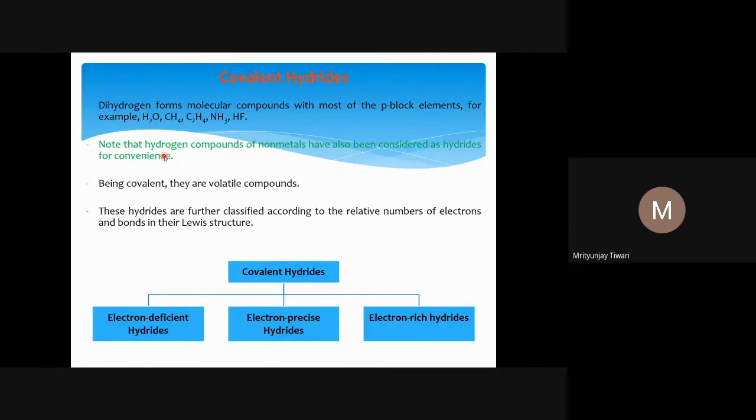But nowadays, even if the oxidation state of hydrogen is +1, people call such compounds hydrides. In the case of p block elements, in all the examples that we see, the oxidation state of hydrogen is +1. So irrespective of the oxidation state of hydrogen in different compounds, we can call those compounds by one name, that is hydride.